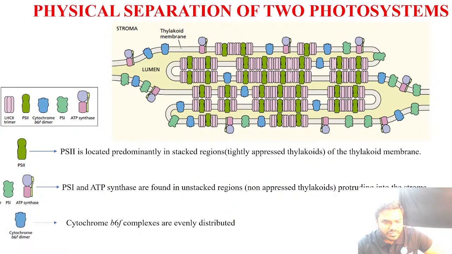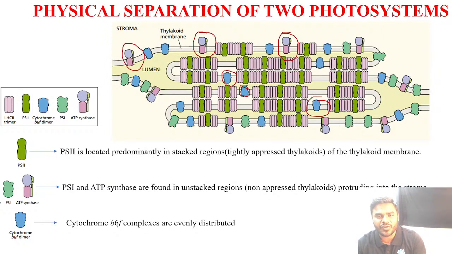But all of you look into this particular cytochrome b6f. Friends, don't confuse. Cytochrome b6f is present in the non-appressed thylakoids also. There is no doubt about it. Where is cytochrome b6f also present? On the non-appressed thylakoids also.